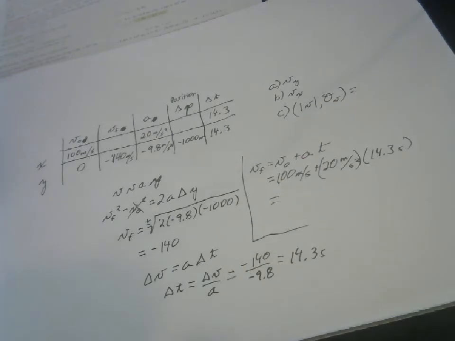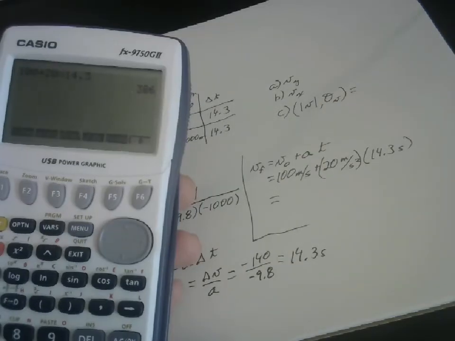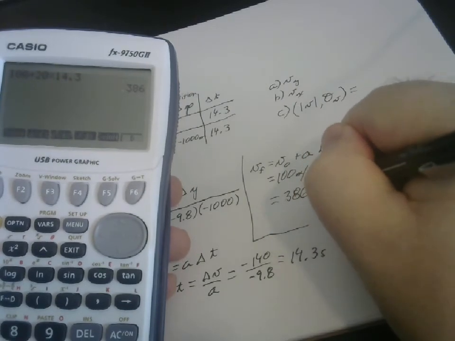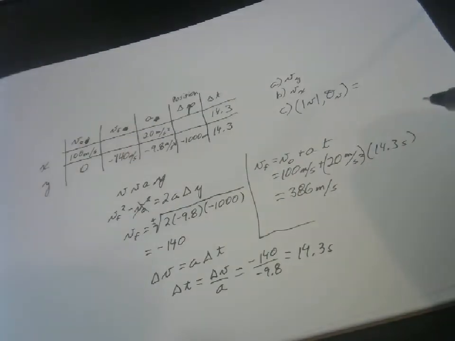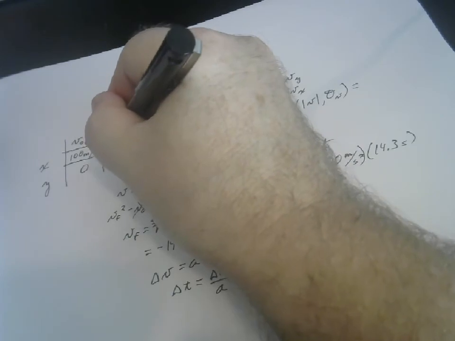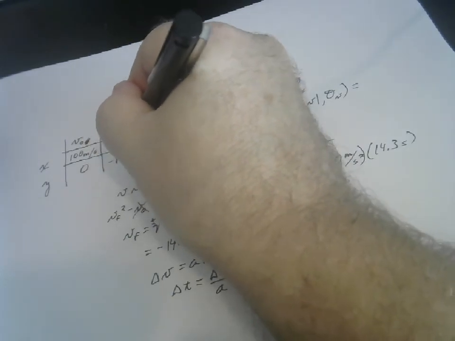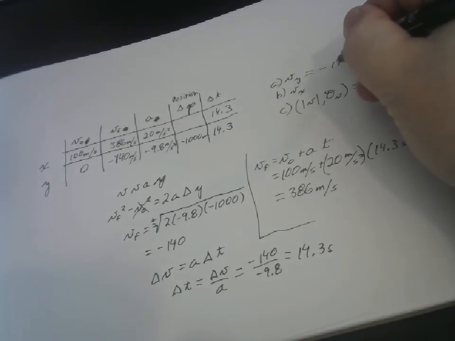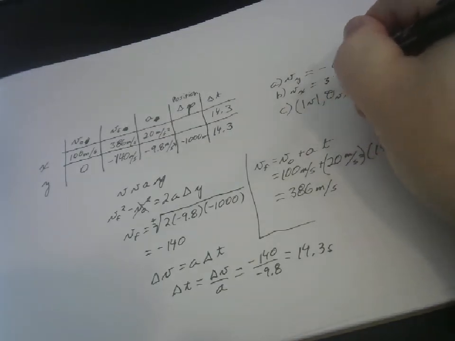And the answer comes out to be 386 meters per second. So we have our v sub y as negative 140 meters per second. We have our v sub x as 386 meters per second.